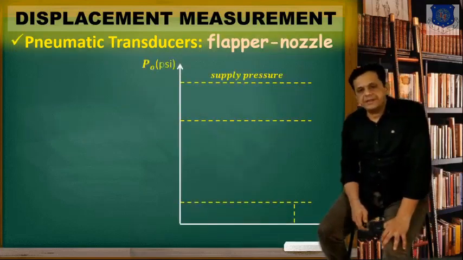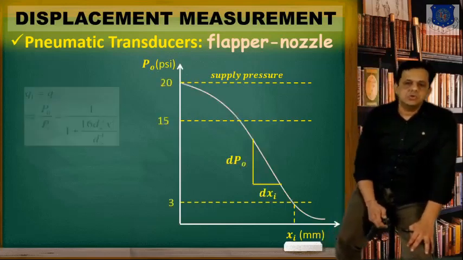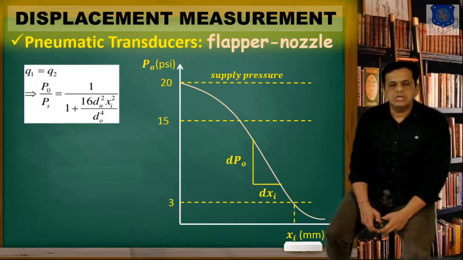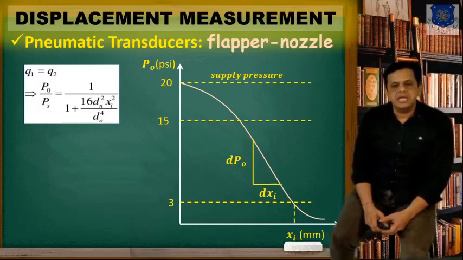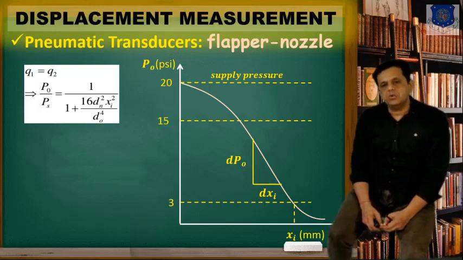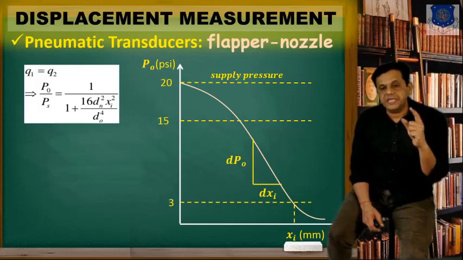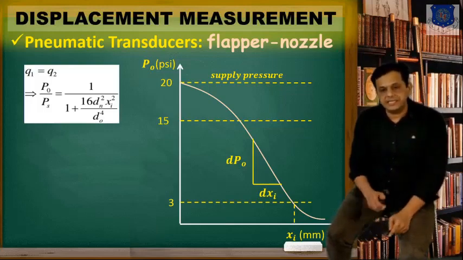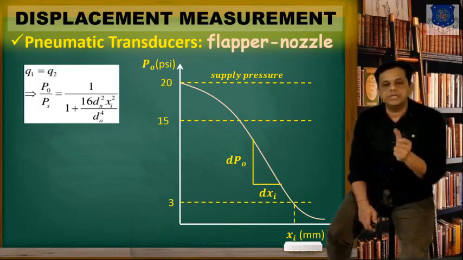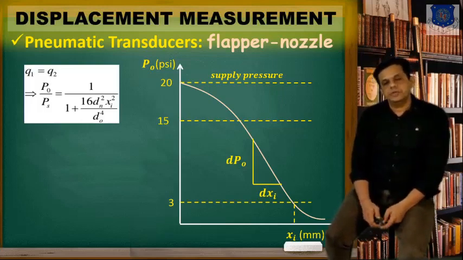Let us examine the characteristic. How does it work? On the x-axis we have displacement, that is X, and on the y-axis we have PO, the output pressure, that is between 3 to 15 psi that we measure, and we supply the 20 psi standard, that is indicated here, and the sensitivity will be the slope of this curve.